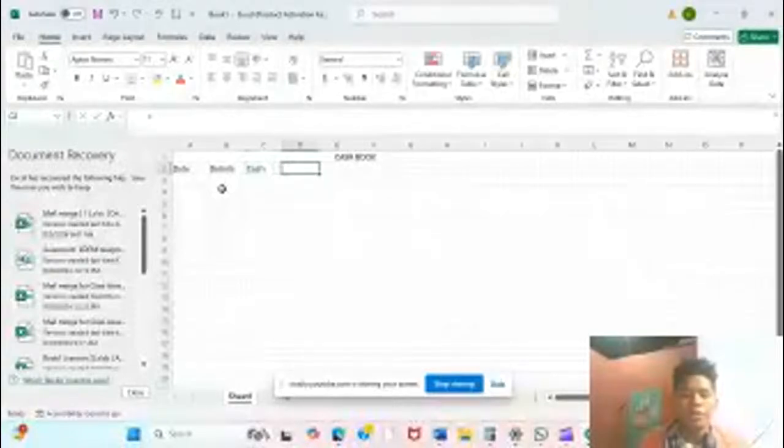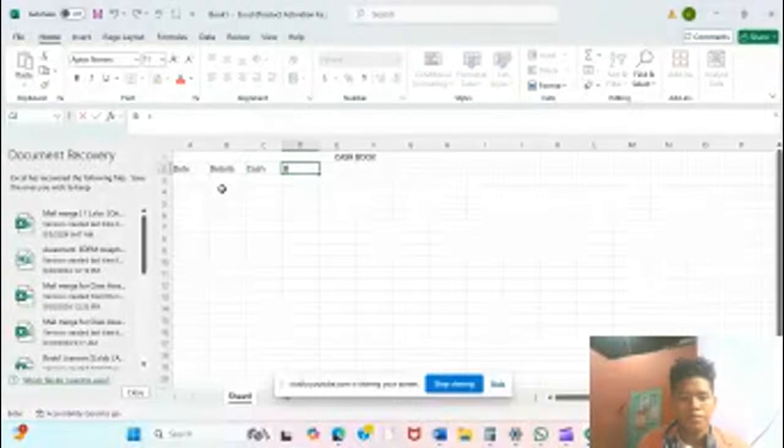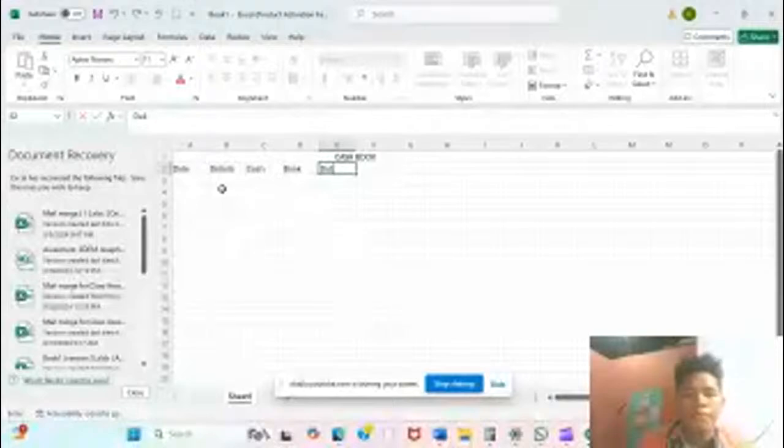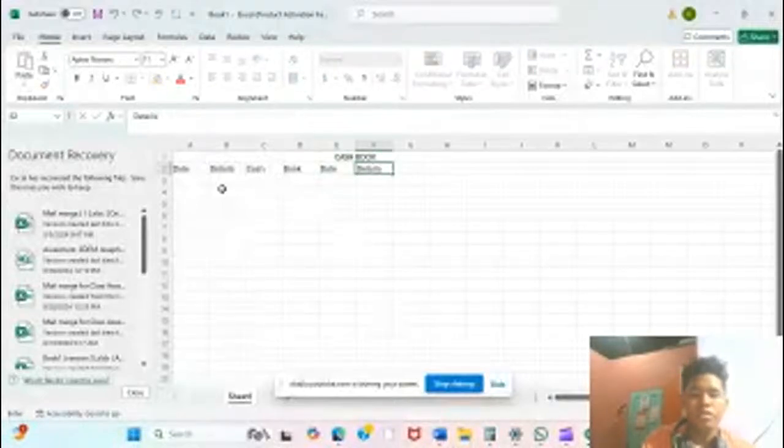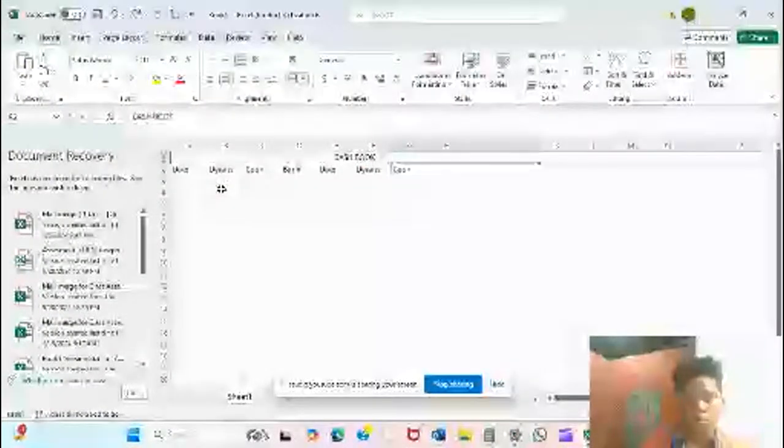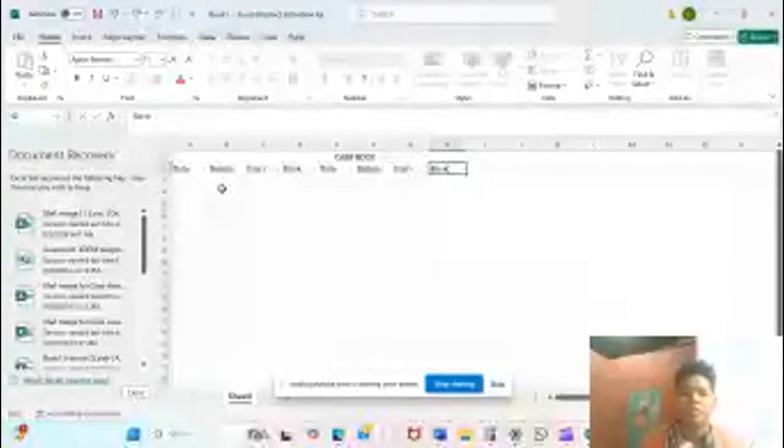and then over here we have the bank. Then we do it again: date, details, cash, then bank.